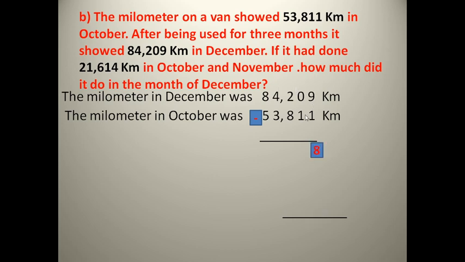If you subtract here, it will be 8. 1 from 0 we cannot, so we put 1. 1 from 10 it will be 9, and here 9 from 11 it will be 3, and 3 from 3 is 0, and 5 from 8 is 3. This is the number of kilometers in 3 months.